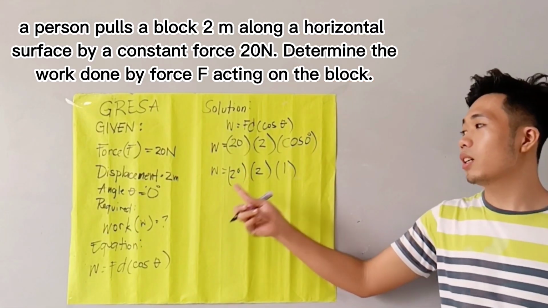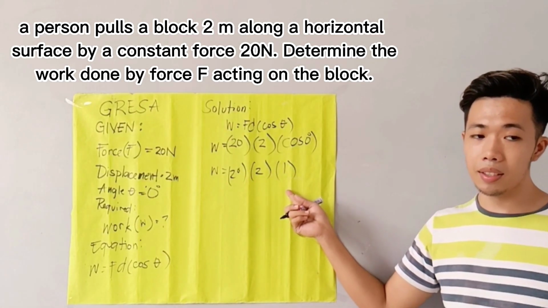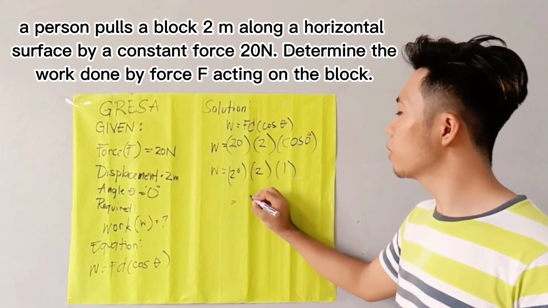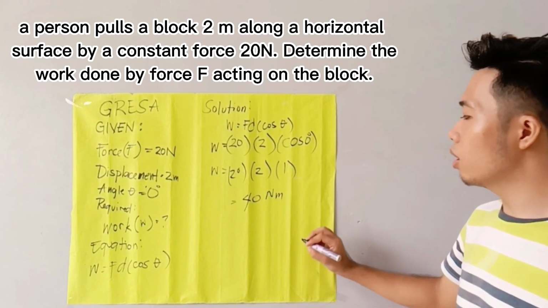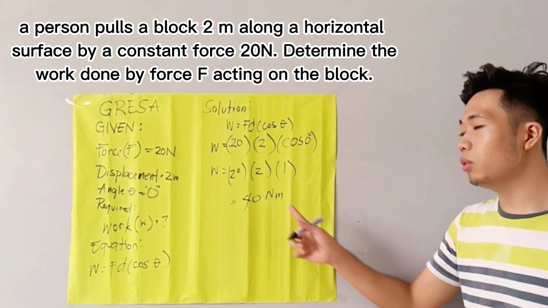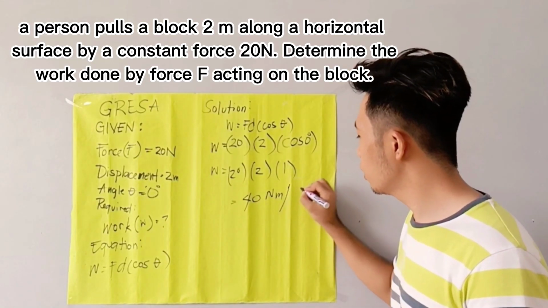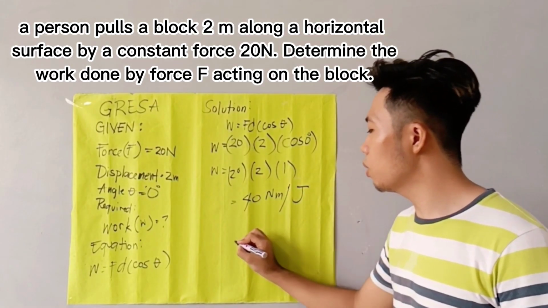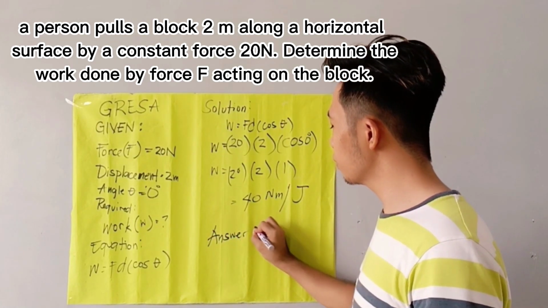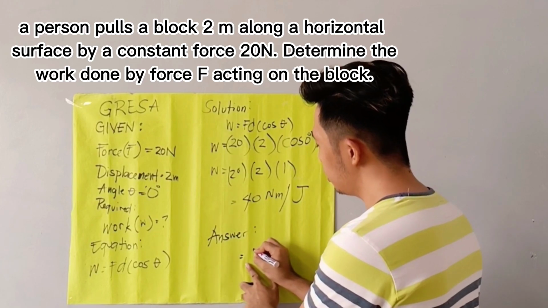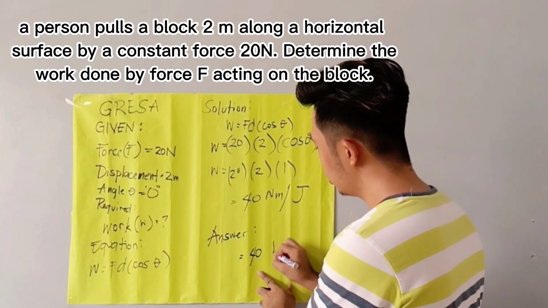So 20 times 2 times 1 equals 40 Newton meter, which is a joule. So for our final answer, we have 40 joules.